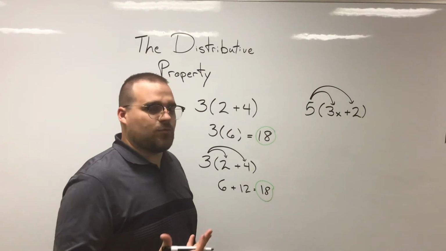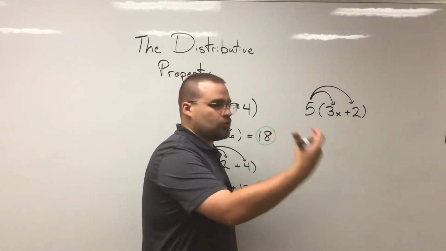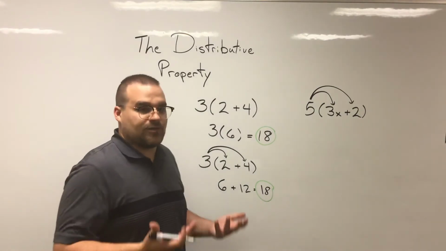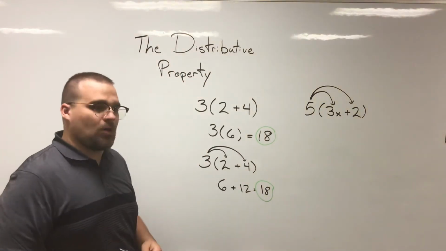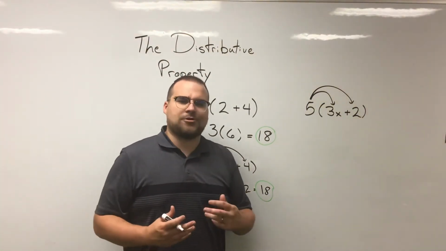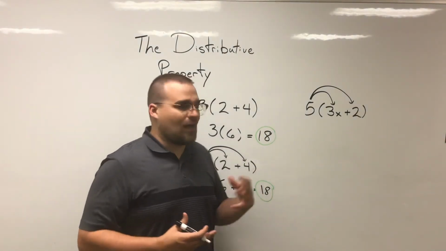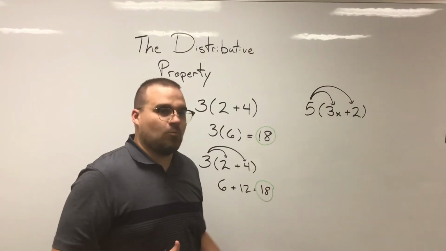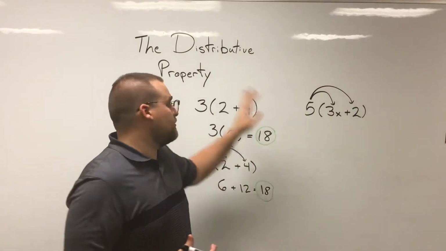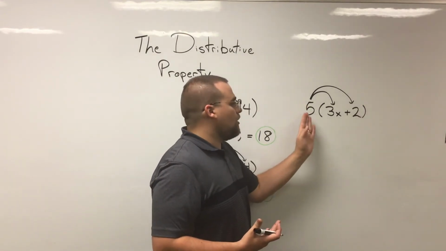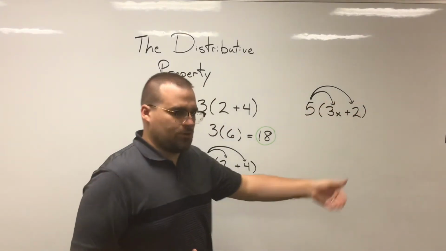Now, oftentimes we use the term the 5 will distribute to each of these because it's kind of a synonym with the distributive property. And I think using that term helps all of us remember exactly what we're doing, that we're not just doing multiplication, we're distributing using this property. So you may hear me say that a lot, that a number on the outside of parentheses will distribute.